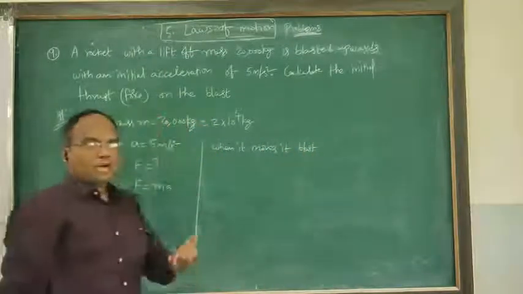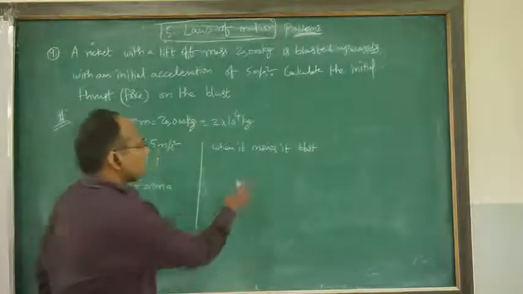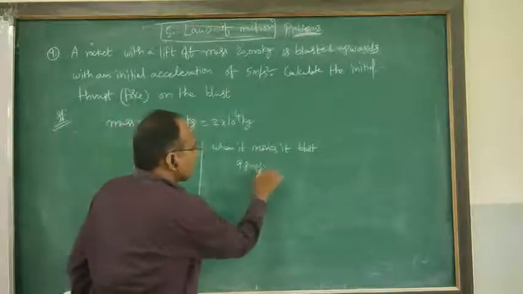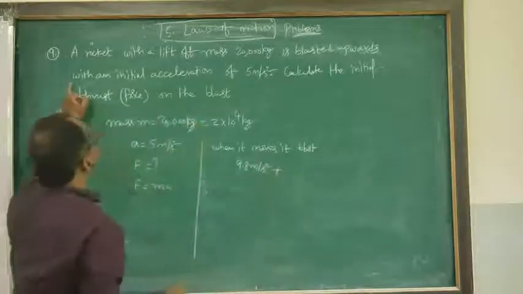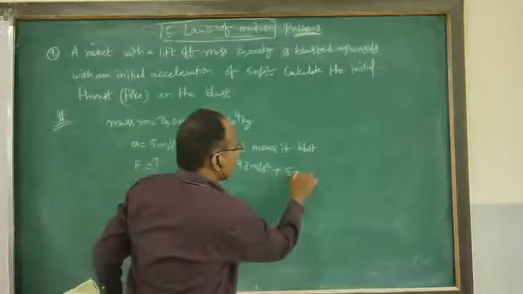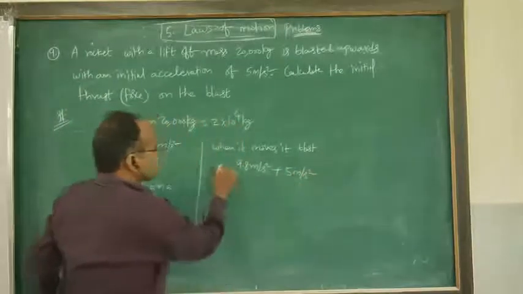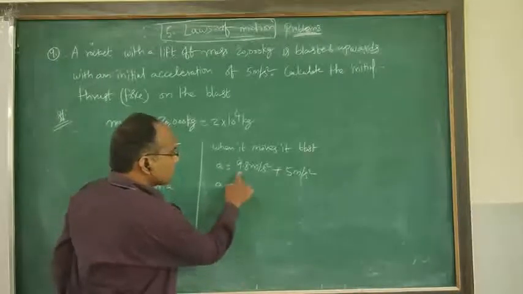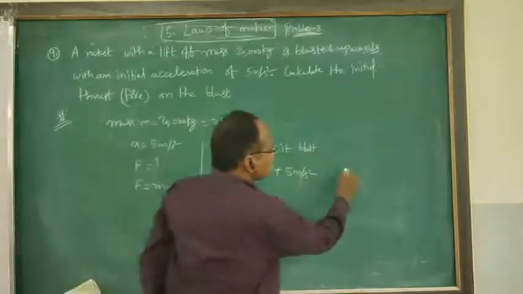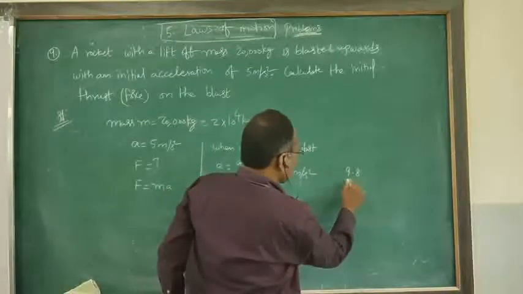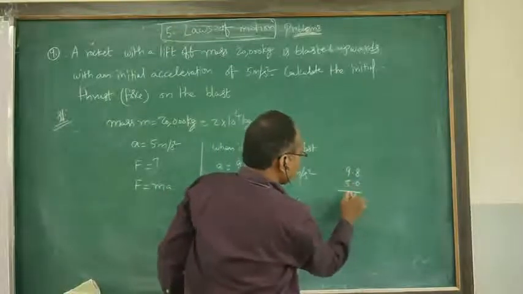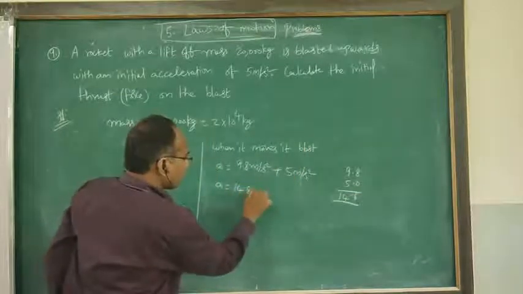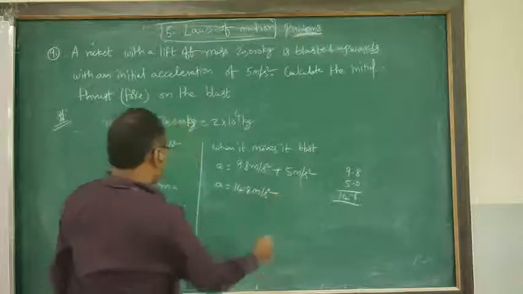When it blasts, it again falls down with 9.8 meter per second square, plus its acceleration, 5 meter per second square. So this is the total acceleration. So 9.8 plus 5 is 14.8 meter per second square.